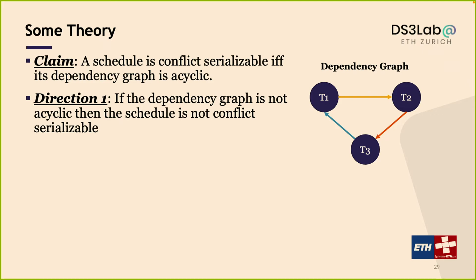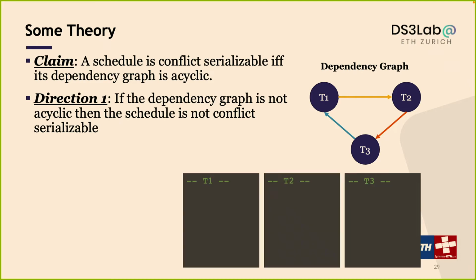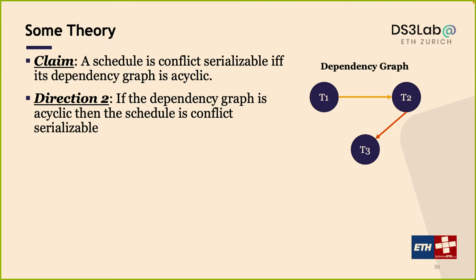First, if the dependency graph is not acyclic, then the schedule is not conflict serializable. The way to deal with it is to imagine a schedule that has this pattern. You construct a loop, and you prove that there's no way this schedule is conflict serializable because you cannot swap it.